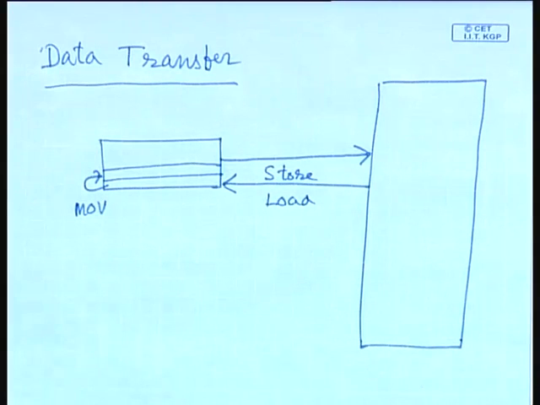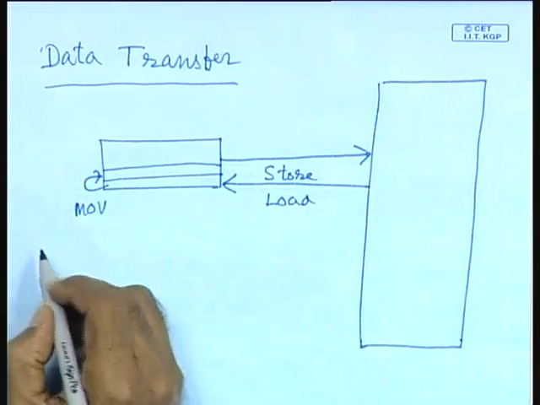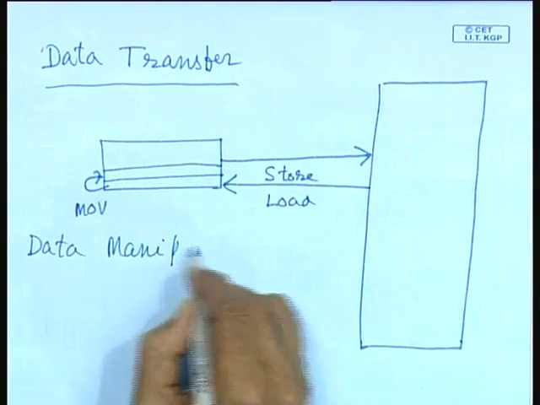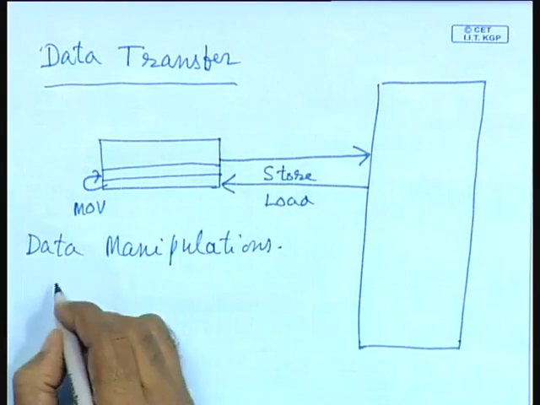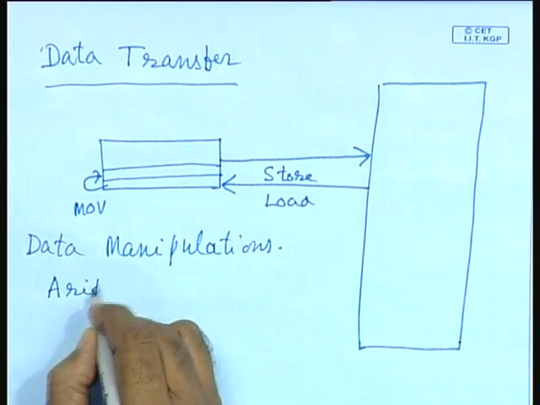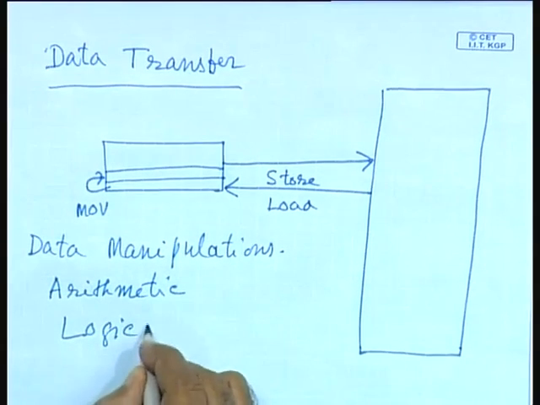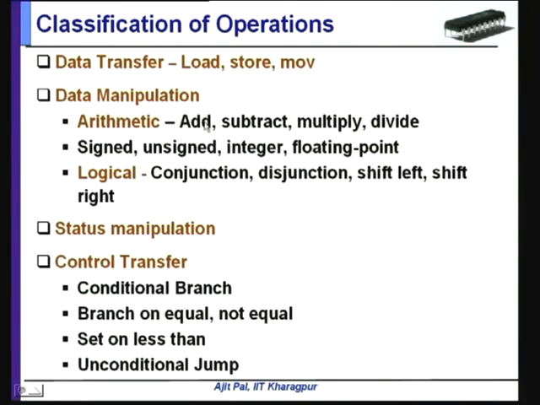And then come the data manipulation operations. Data manipulation operations can be broadly divided into arithmetic operations and logical operations. Arithmetic operations are like add, subtract, multiply, divide. Again you have got different possibilities, signed or unsigned, integer or floating point.